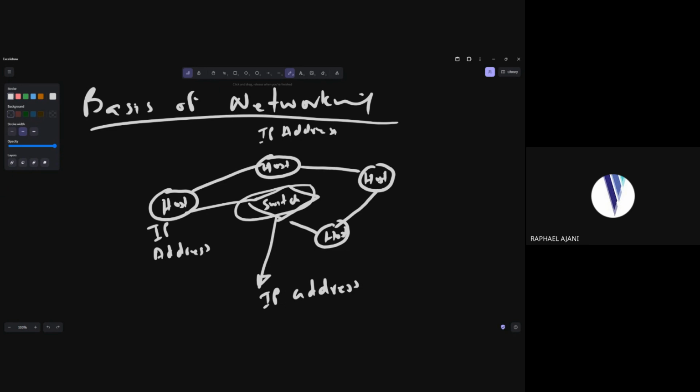And the question is, how do you determine how an IP address should be assigned? That is where the foundation of your network design starts from. It's like in this country now, we have postcodes. You might have wondered, how was a postcode designed?